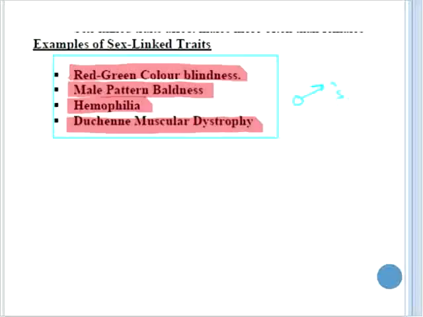The reason being is that for a male to have a sex-linked trait, they merely need to inherit a single allele, whereas females need to have two copies to show the trait.